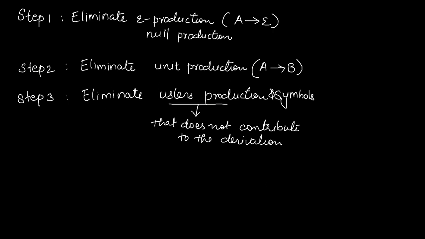That means using that production you cannot end up in any string, not even a single string can we generate using the useless production. And a useless symbol is also the same. When we derive any string, these symbols won't come or won't contribute to the derivation of the string.